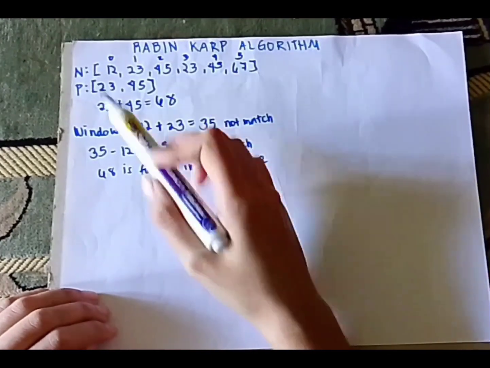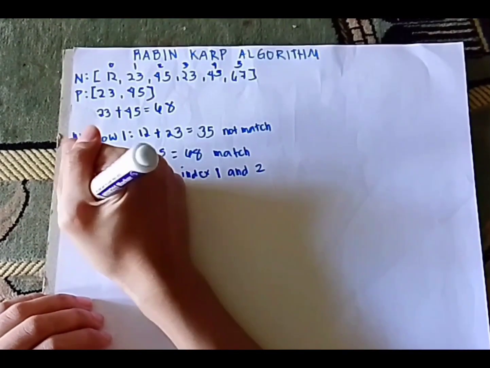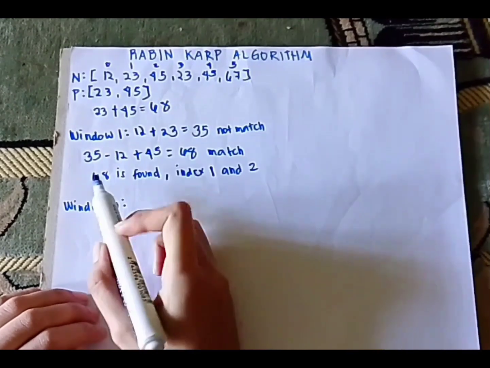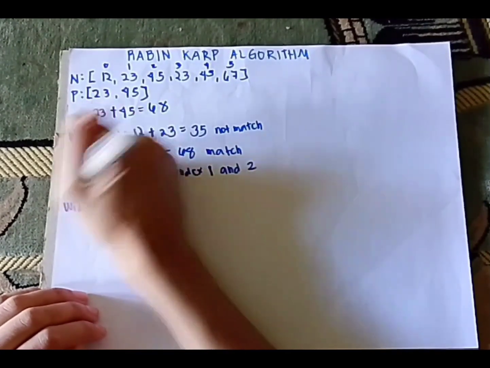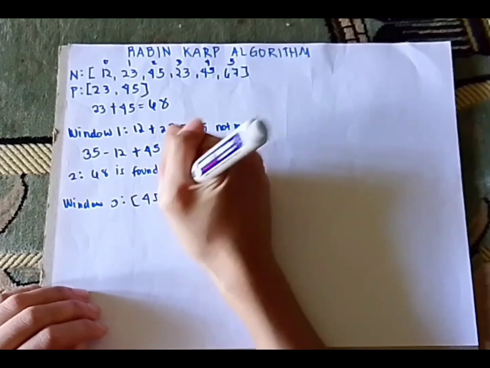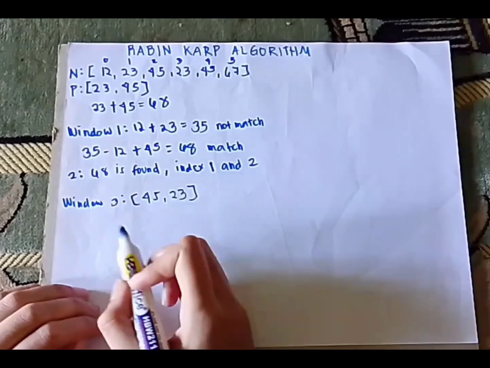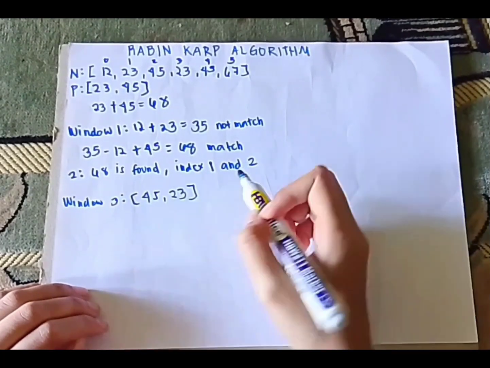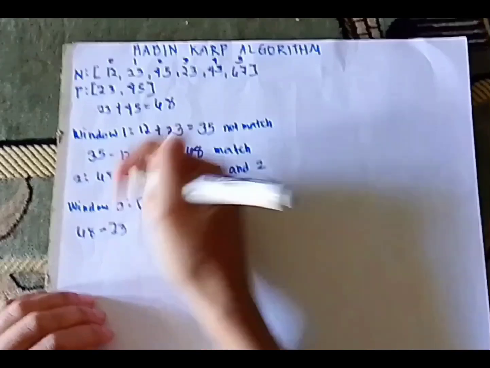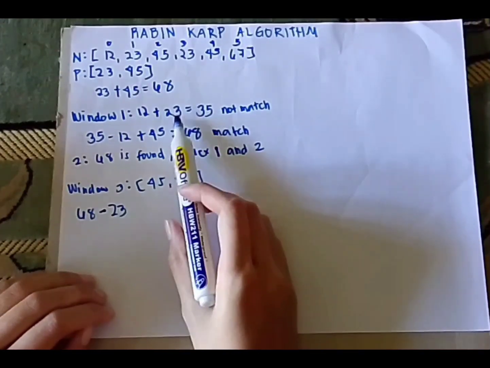It said that 23 and 45 is found, but we will complete this hashing because we can see that the pattern is existing again. So now let's start our window 3. We will use the simplest way to get the result.